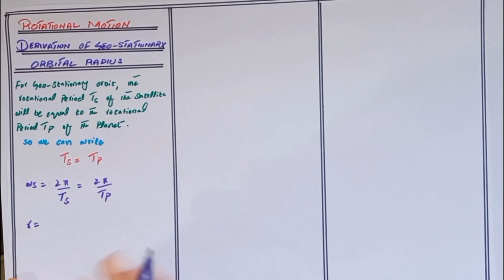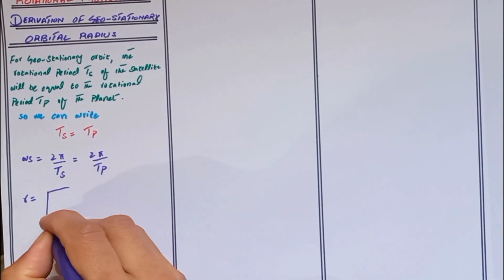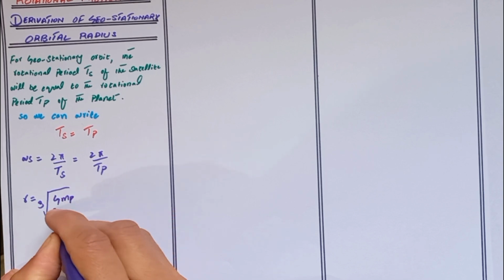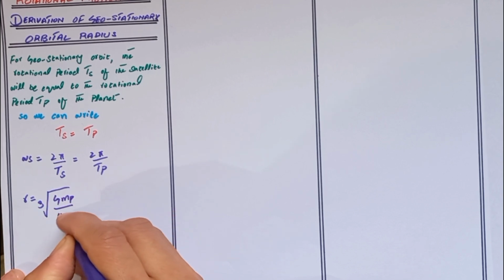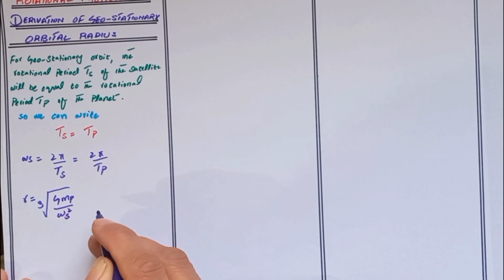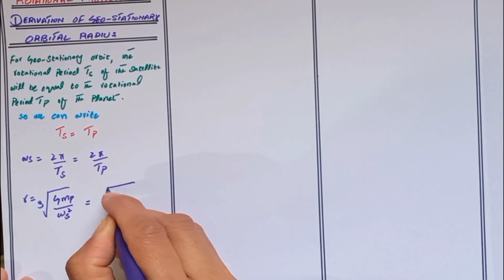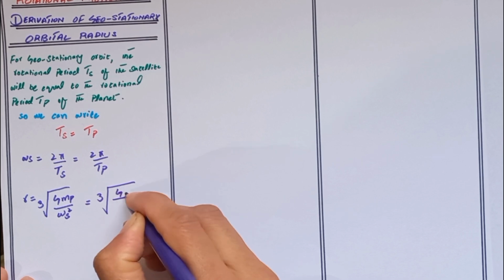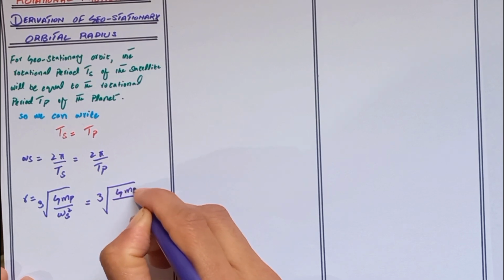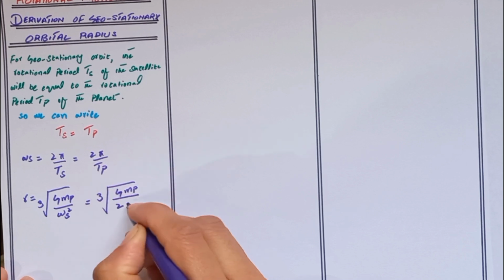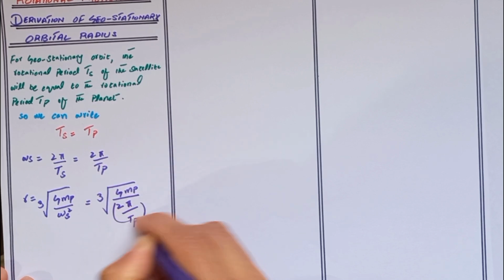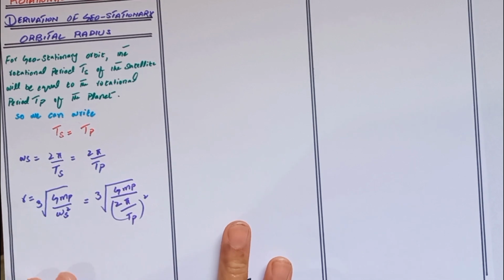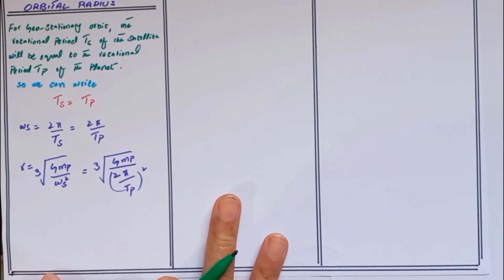So we know that the radius of the geostationary orbit is equal to the cube root of G times the mass of the planet over the angular velocity of the satellite squared. So it can be written as the cube root of the gravitational constant G times the mass of the planet over omega s, which is 2 pi over Tp, the whole squared.